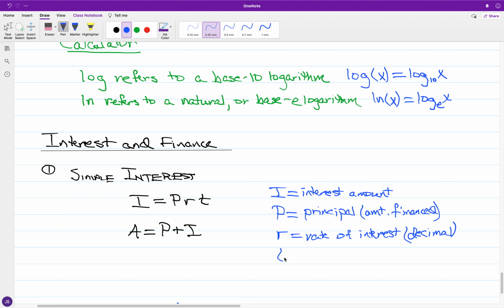T is going to be the amount of time in years. And A is going to be the future value: what is financed plus the interest that is built upon it.